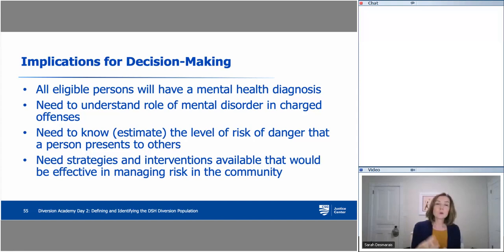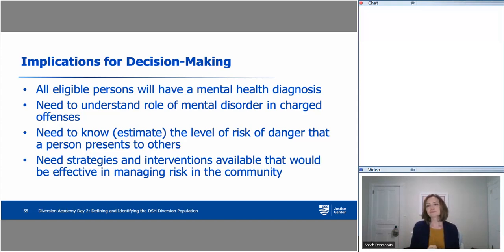And then importantly, to identify and engage in the strategies and interventions that would manage that risk in the community. And fast forward to some other things we're going to talk about later, but also how to monitor that. That's been brought up a few times already through the group discussions and in our panel sessions.